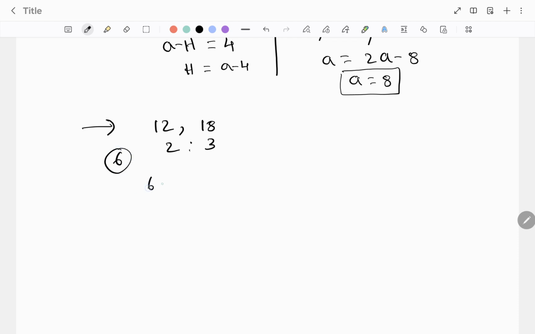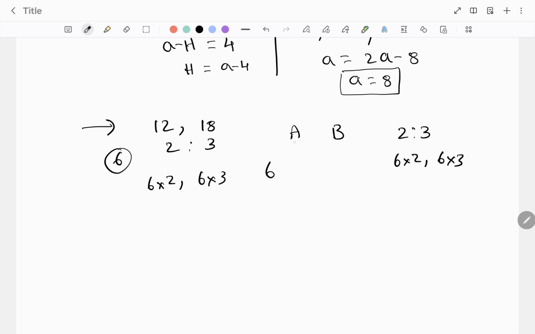Then what will be the numbers? 6 into 2 comma 6 into 3. Suppose two numbers A and B have HCF 6 and the ratio of the numbers is 2:3. Then the numbers are 6 into 2 comma 6 into 3, so A is equal to 12 and B is equal to 18.